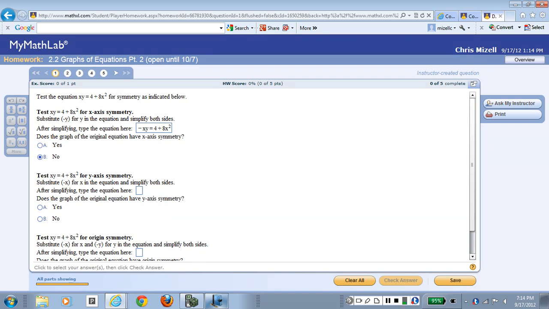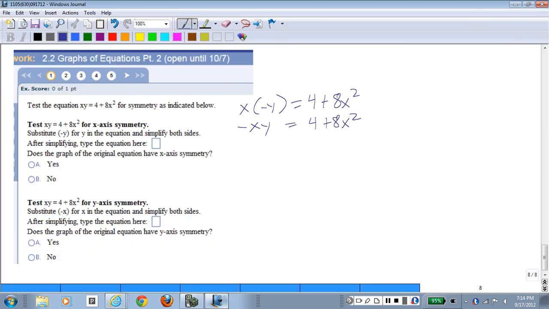To test for y-axis symmetry, we substitute negative x for x. Doing so, we get negative x times y equals 4 plus 8 times negative x to the 2nd power. Negative xy on the left, and 4 plus 8 times negative x times negative x, which is x squared.